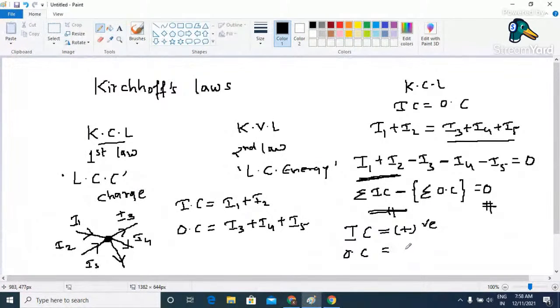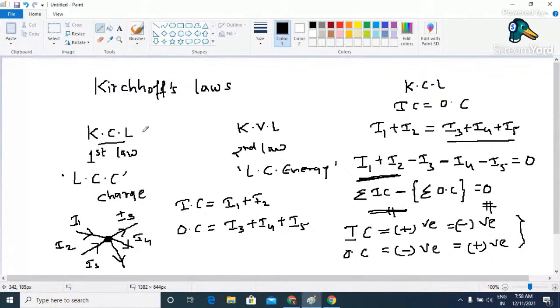Then outgoing currents are going to be negative. Or you can make it reverse. If you assume that all incoming currents are negative, then all outgoing currents are going to be positive. So this is the concept of Kirchhoff's current law.